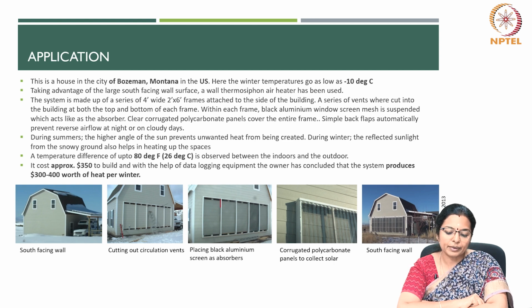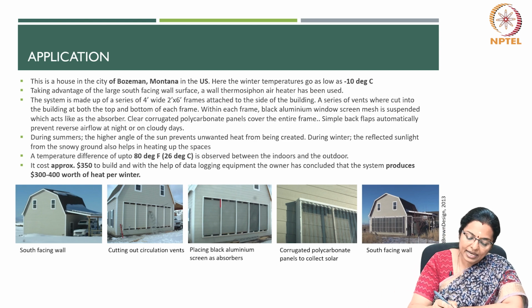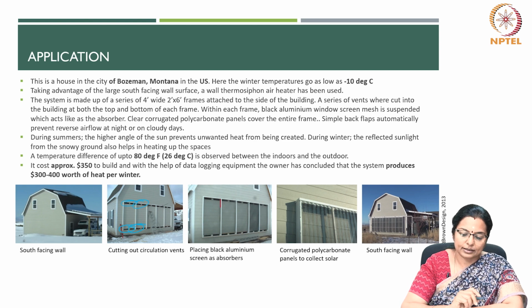This system is made up of a series of frames of 4 feet wide by 2 feet by 6 feet frames attached to the sides of the buildings. A series of vents were cut into the building at both the top and bottom of each frame as shown here. You can see how this is cut.